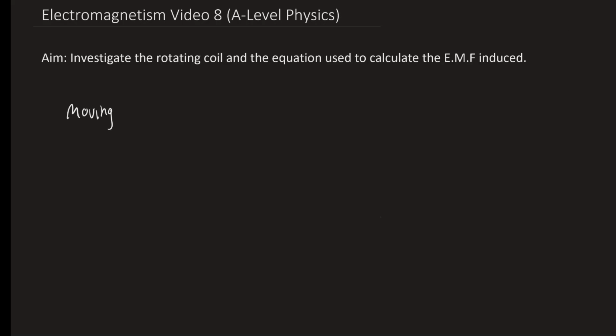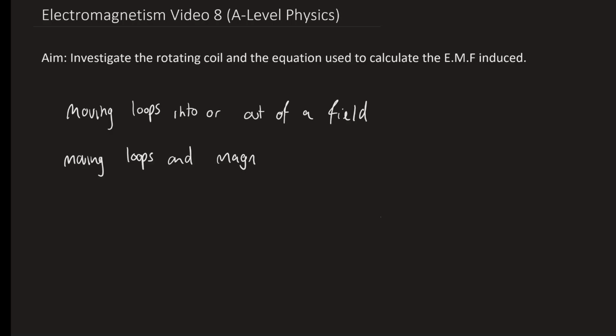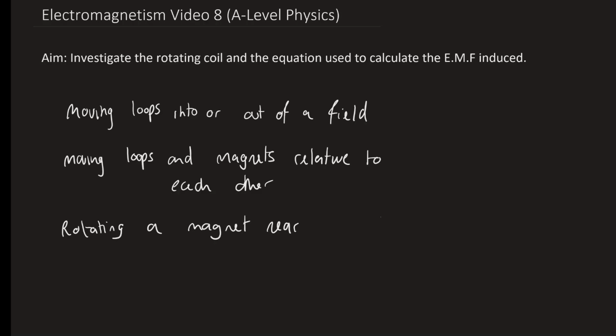Moving loops into or out of a field, moving loops and magnets relative to each other, and rotating a magnet near a coil.